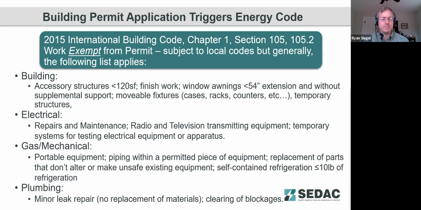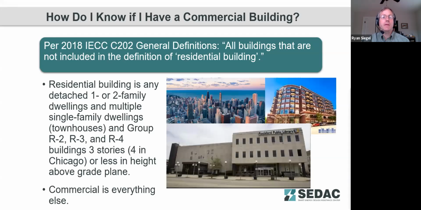As far as looking at if you have a commercial building, the nice thing is the definition of a commercial building is fairly straightforward in that it is a building defined as not a residential building.